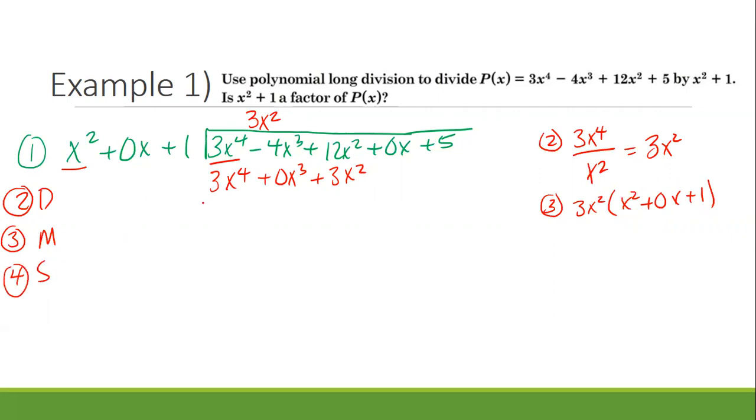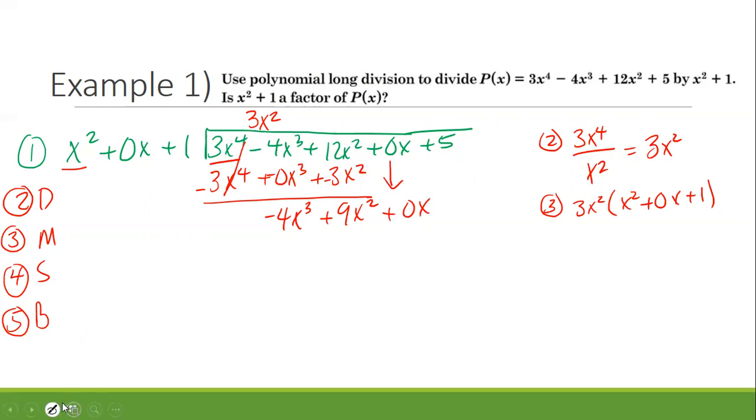Step 4 is to subtract. So we're going to subtract, which means we got to change the sign of everything. That leaves us with negative 4x to the third plus 9x squared, and then we're going to bring down because the degree of our remainder is still greater than the degree of our divisor. So we're going to bring down 0x and repeat the process.